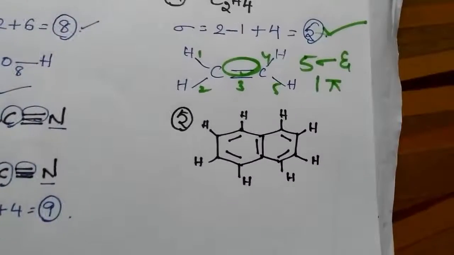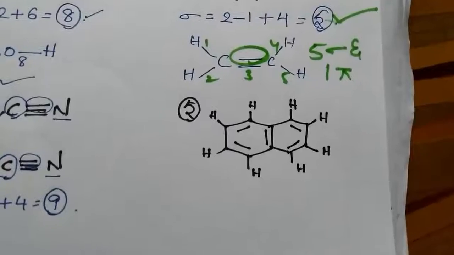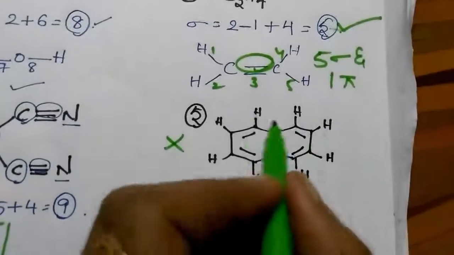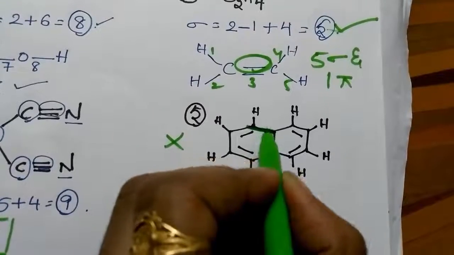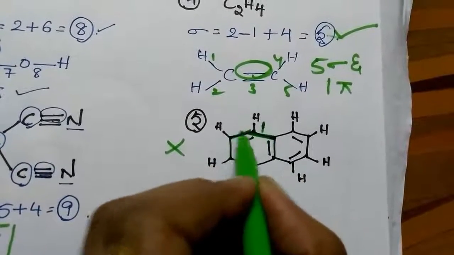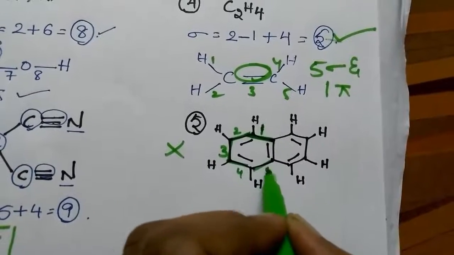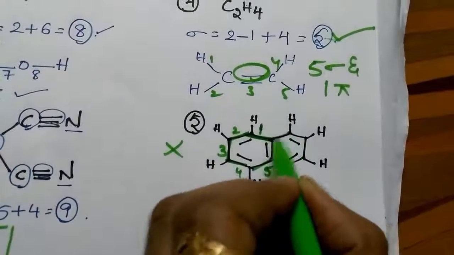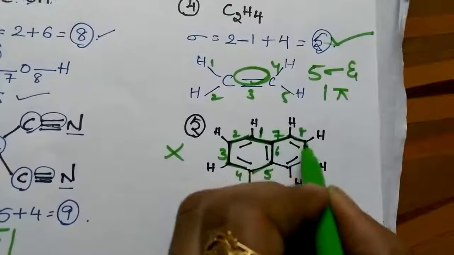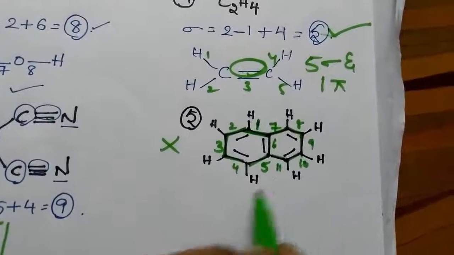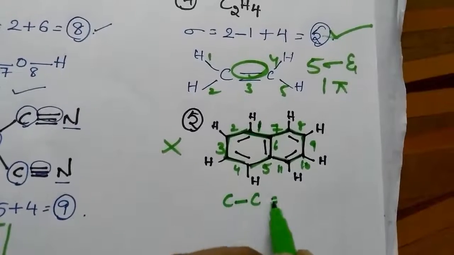But coming to benzene and these kinds of examples, this formula won't work out. In these cases you just have to count. Only one bond, sigma. 1 sigma, here 2, 3, 4, 5, 6. And here one more, 7, 8, 9, 10, 11. 11 sigma bonds are present between carbon and carbon.